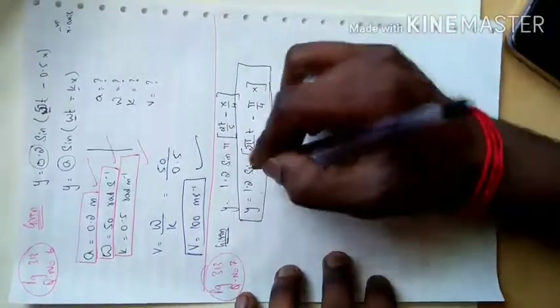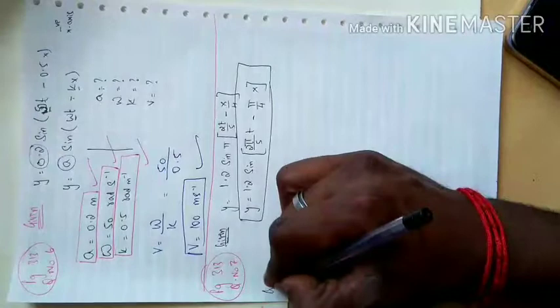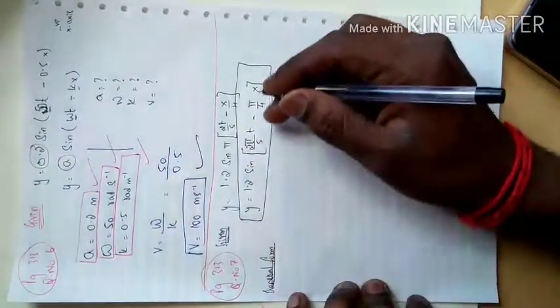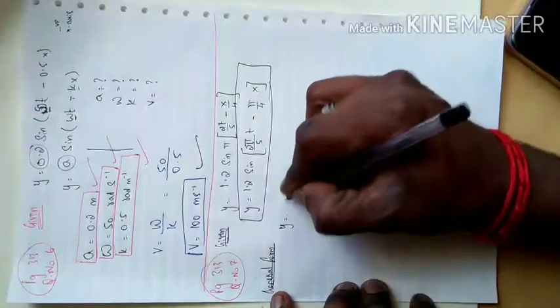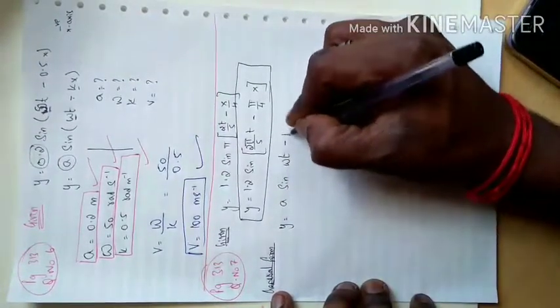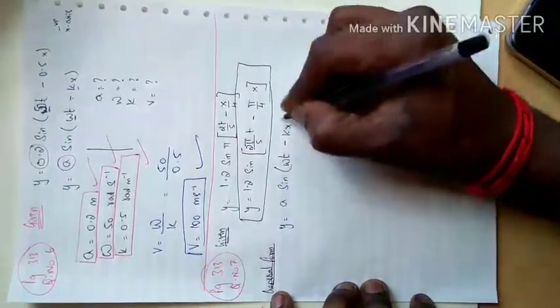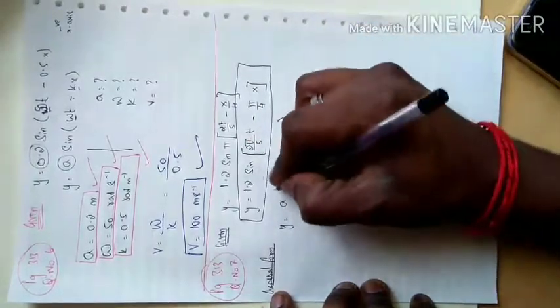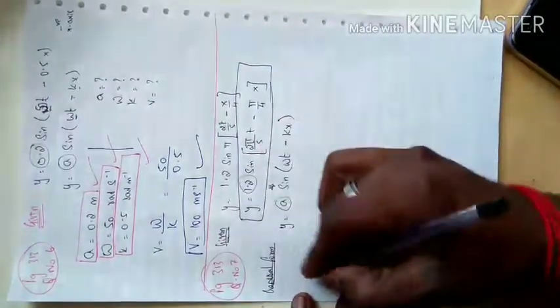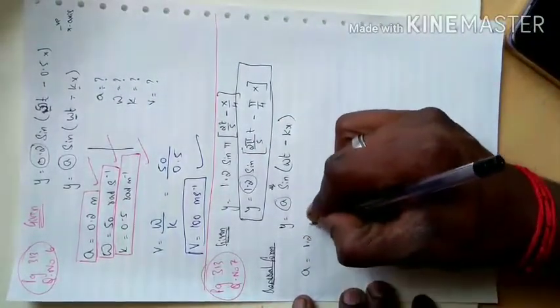I am going to compare this with the general form. If I compare with the general form, this is in negative, then it is y = a sin(ωt − kx). Comparing with the general formula, in the place of a, I get 1.2 meter.